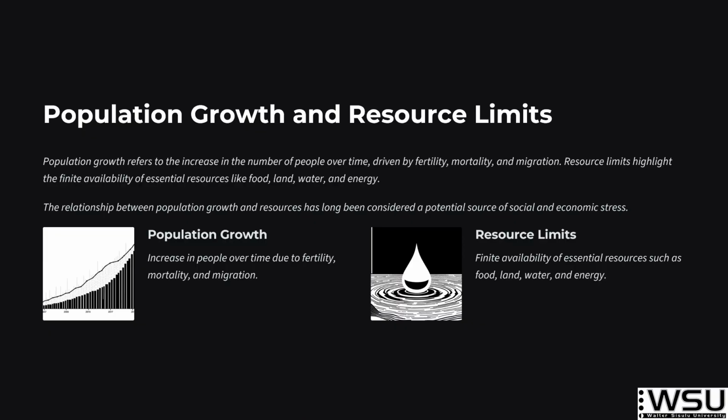And resource limits highlight the finite availability of essential resources. When I say finite, I mean the limited availability of essential resources such as food, land, water, and energy. And somebody might argue: are we really having a limitation or finite availability of things like food, land, water, and energy?